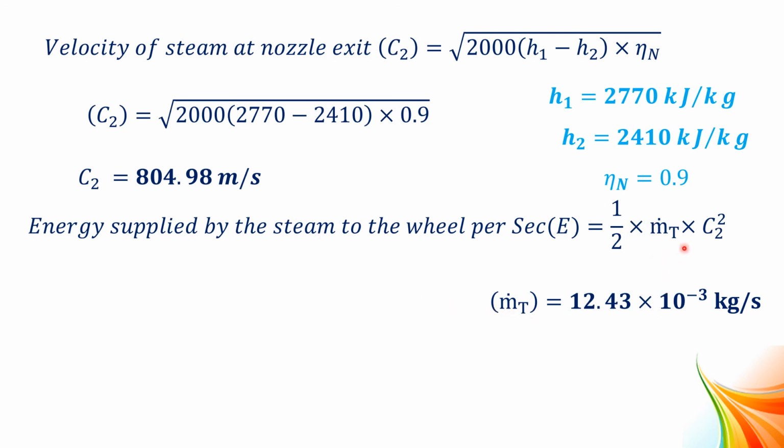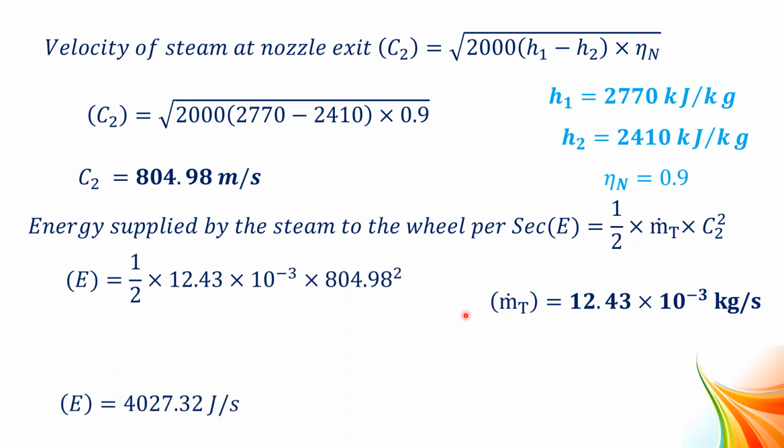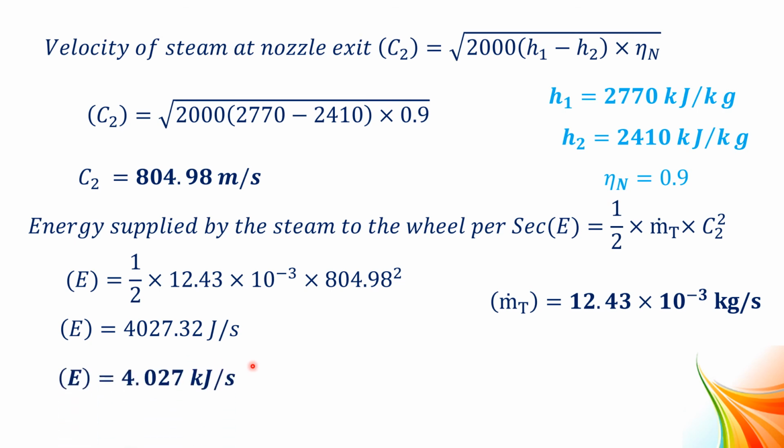Substituting both the values in this equation, we get energy supplied E equal to 4027.32 joules per second, or E equal to 4.027 kilojoule per second.